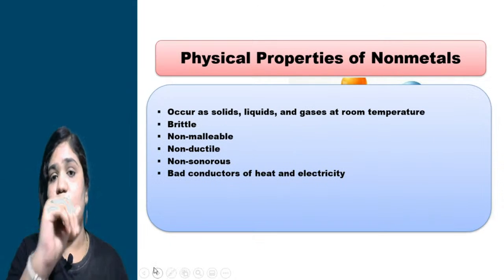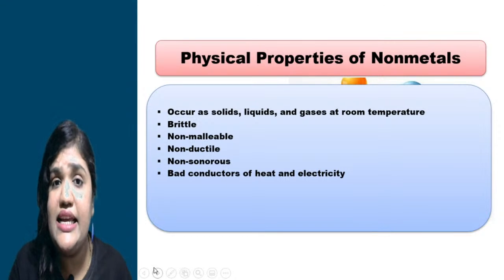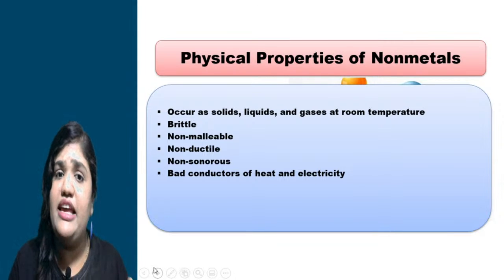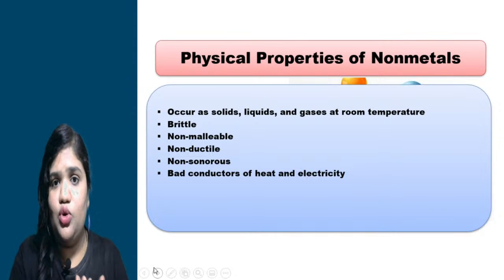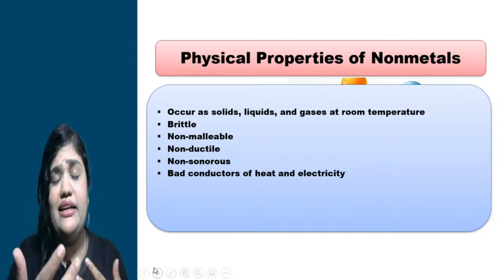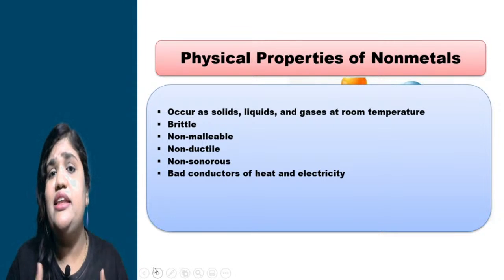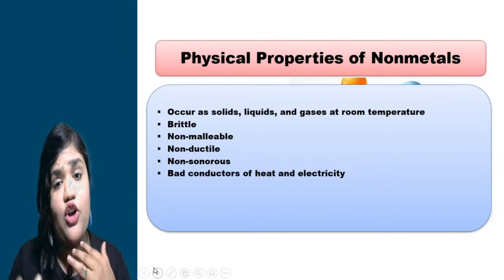As you can see over here, they can be solid, liquid, or gaseous at room temperature. As you know, metals are solid in nature, but non-metals can be available in any state at room temperature.